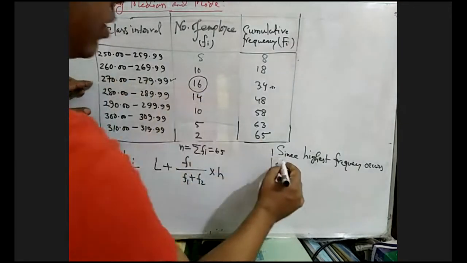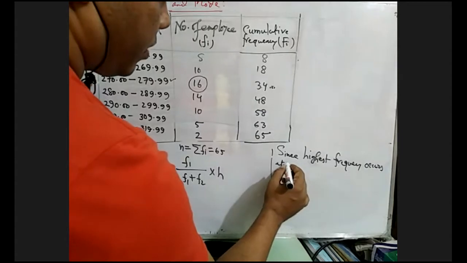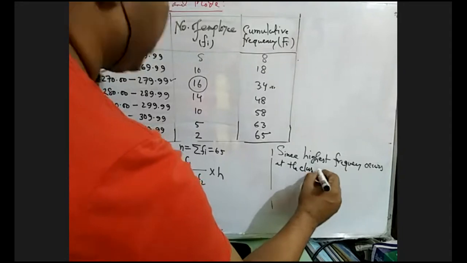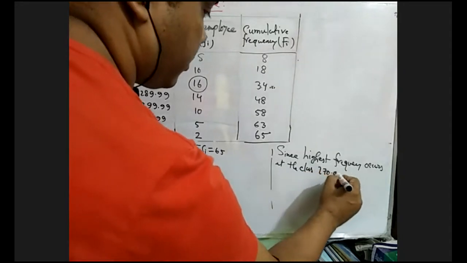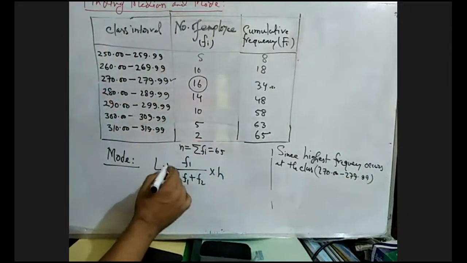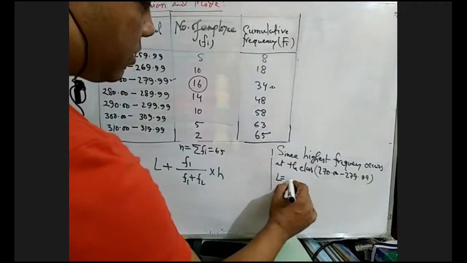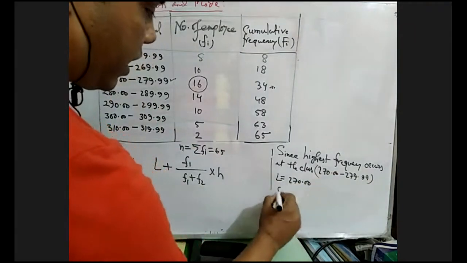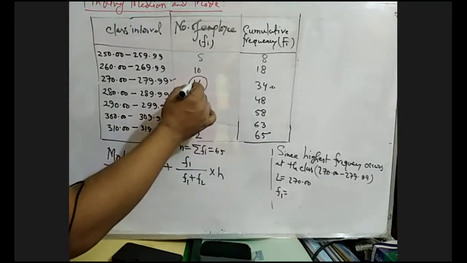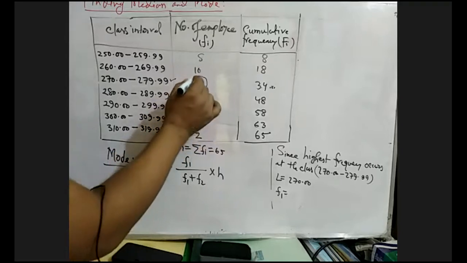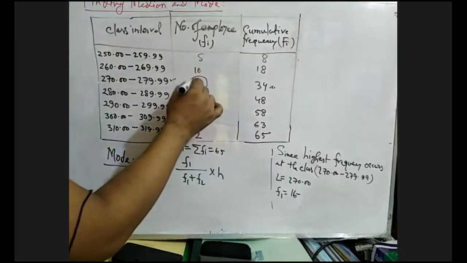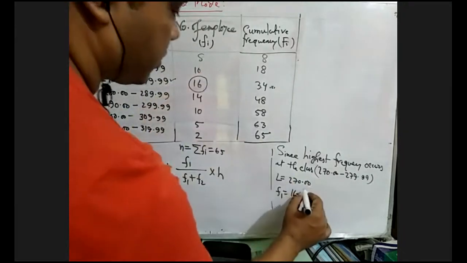Okay, it occurs at the class, in which class? 270.00 to 279.99. So L will be the lower limit of this class, 270.00, and f1 will be the difference between the frequency of the modal class and previous modal class, 16 minus 10.